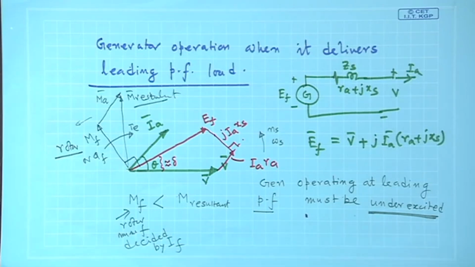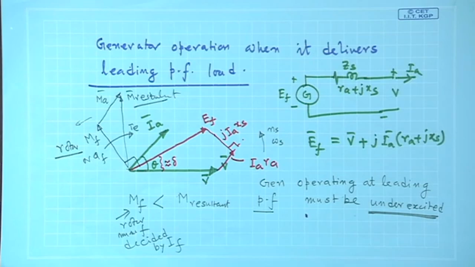Therefore, we conclude that a synchronous machine operating as a generator, if it is delivering a leading power factor load, will be operating in the under excited mode.